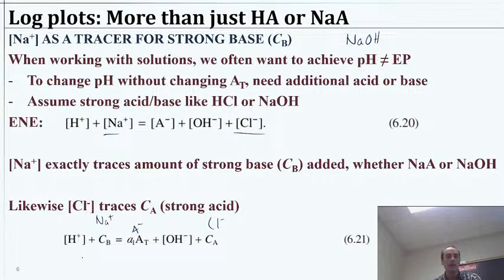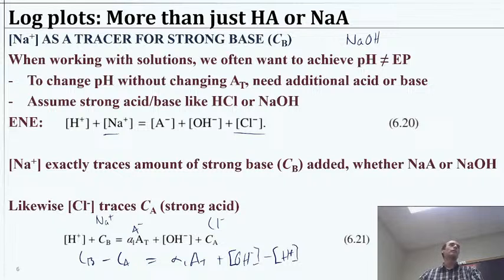So if we just say, what if we do Cb minus Ca and set that equal to alpha 1 A minus plus OH minus minus H plus, what we suddenly find is the right side of this equation looks like how much base do we have in there, and the left side is the amount of base minus the amount of acid we have in there, right? So by looking at the spectators, we can know what's going on with the action side.